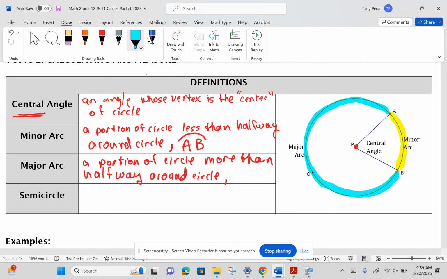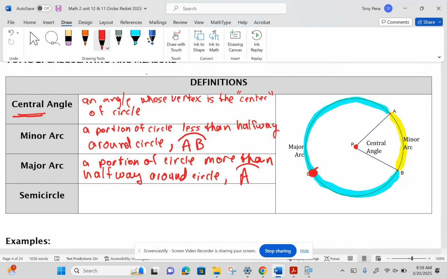The way we name this now is important, because doesn't the yellow arc start and end at A and B? Doesn't the blue arc start and end at A and B? So if you only use two letters and put the arc here, that is always the short route from A to B. If we want to know that we're going the long route, you better have a third point in between the beginning and the end, and you need to use all 3 points.